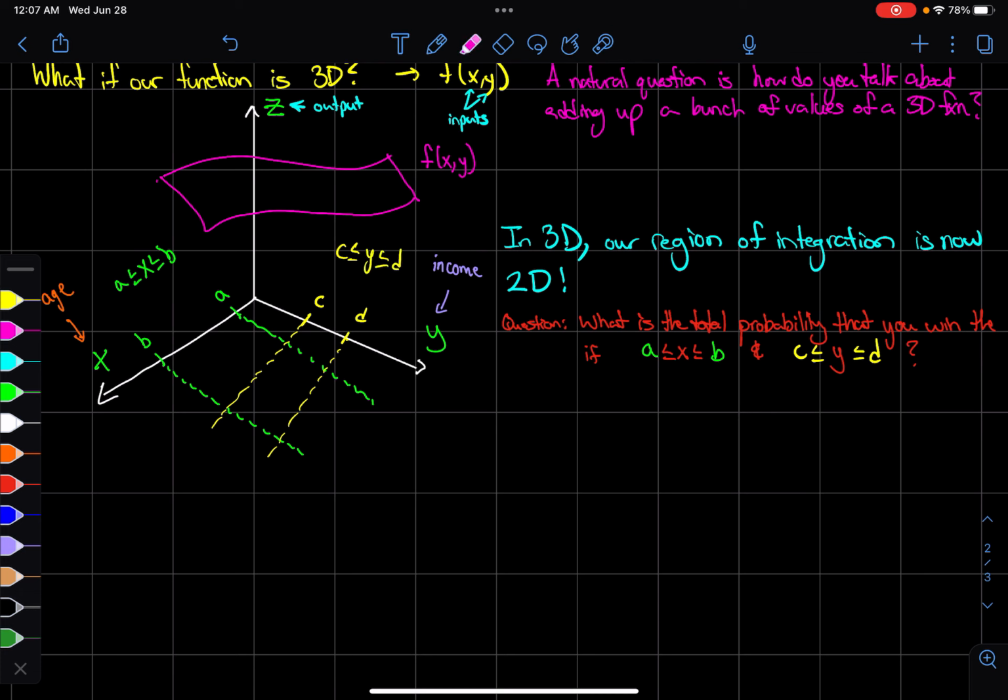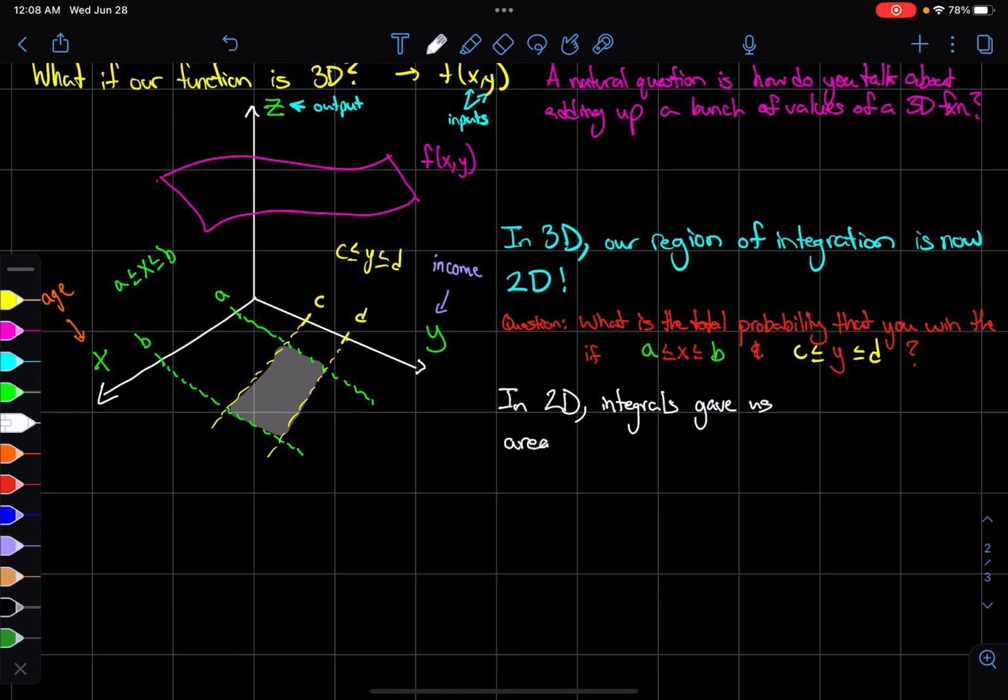So our actual region of integration here is going to be just this space right here. It's this 2D little rectangle here. It's pretty simple, okay? And so you can imagine, if we were to talk about doing integrals, we're not there yet, but if we were to think about doing this in 2D, integrals, or answering a question like this, gave us area under a curve, gave us area under the curve.